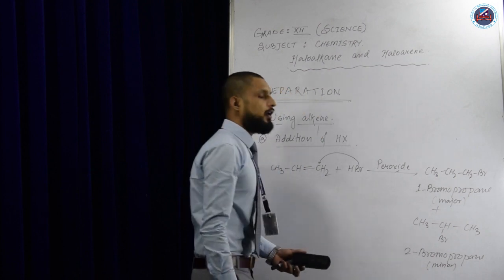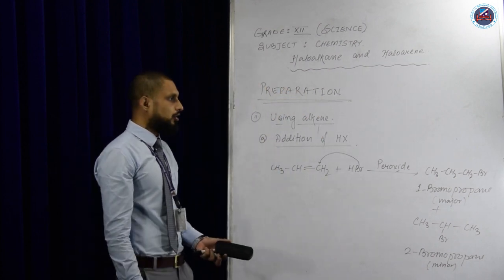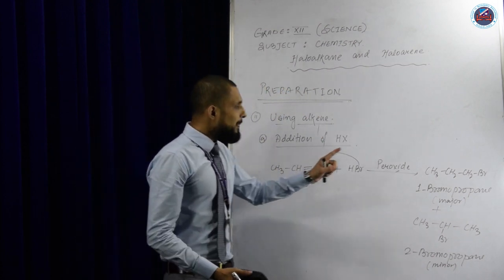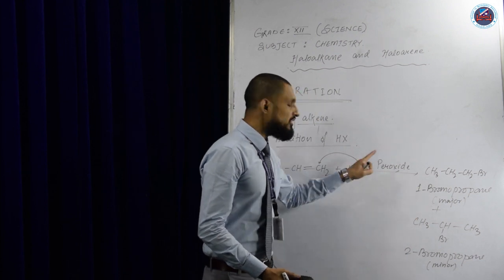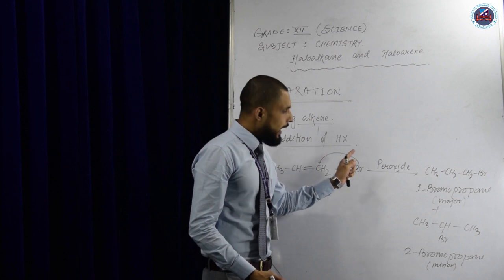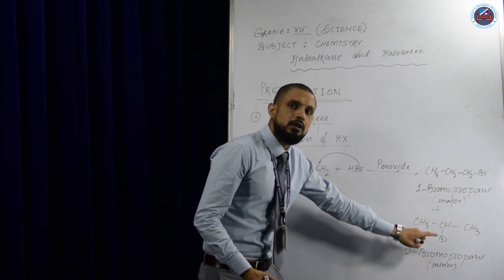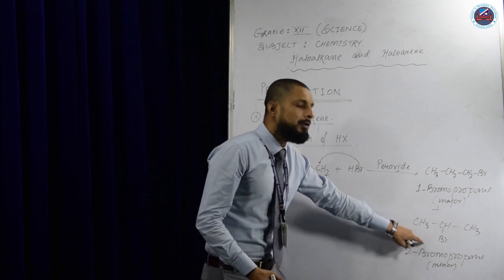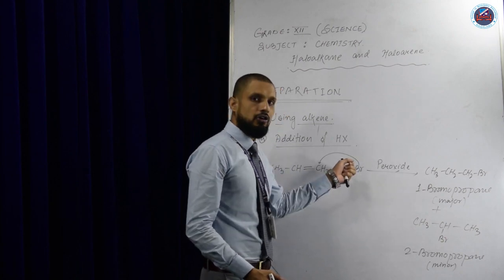So if you compare Markovnikov and anti-Markovnikov, you'll find the major product in anti-Markovnikov will be minor in Markovnikov, and the minor product in anti-Markovnikov will be major in Markovnikov.